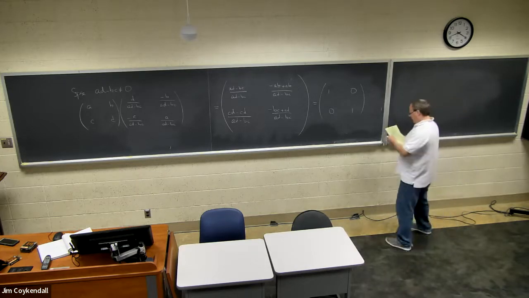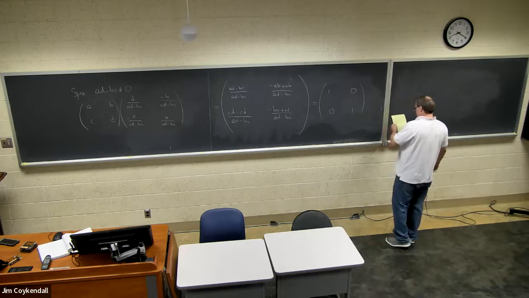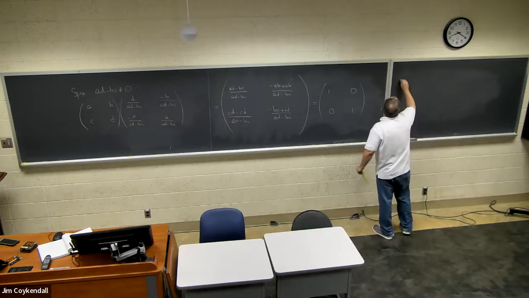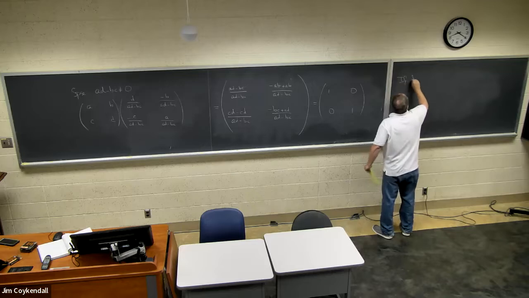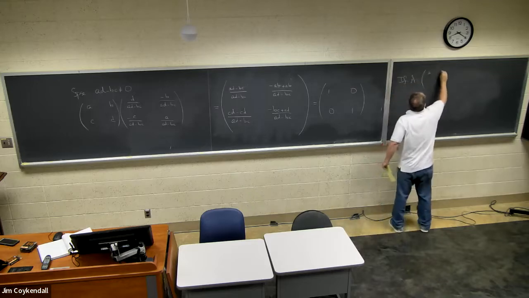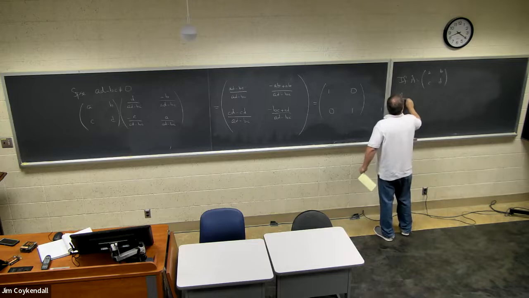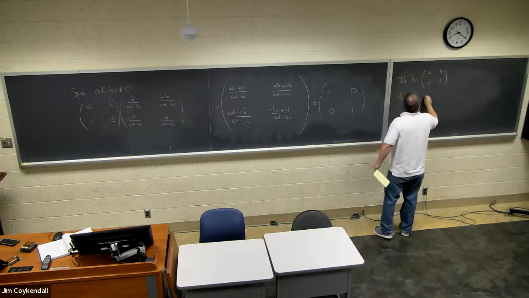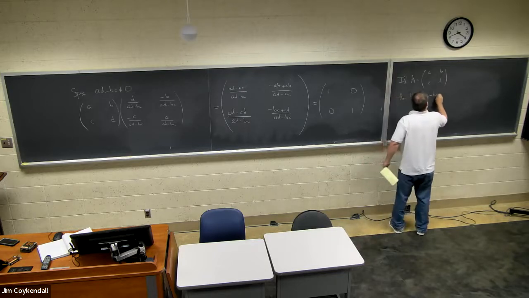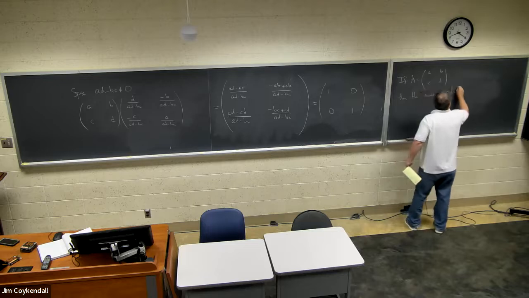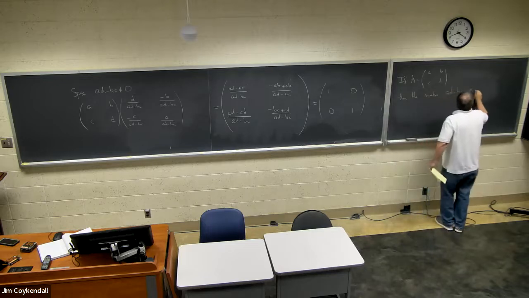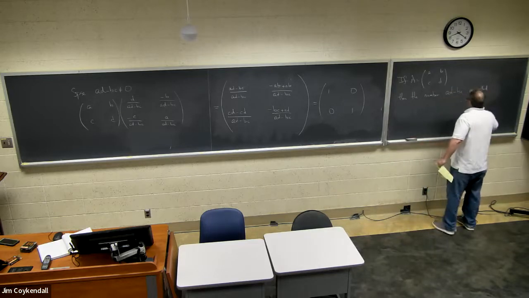Obviously, there's an important number floating around here. The number AD minus BC is called the determinant.